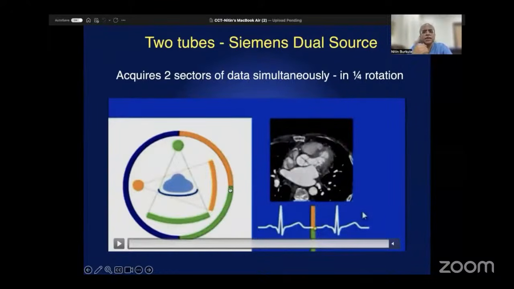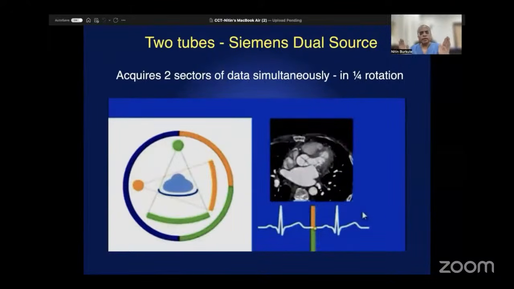your temporal resolution suddenly doubles, or the imaging time window period gets halved, or it is just 1/4 of the gantry rotation. So if your gantry rotation time is say 300 milliseconds for the entire 360 degrees, then 300 divided by 4 will be somewhere around 75 milliseconds.